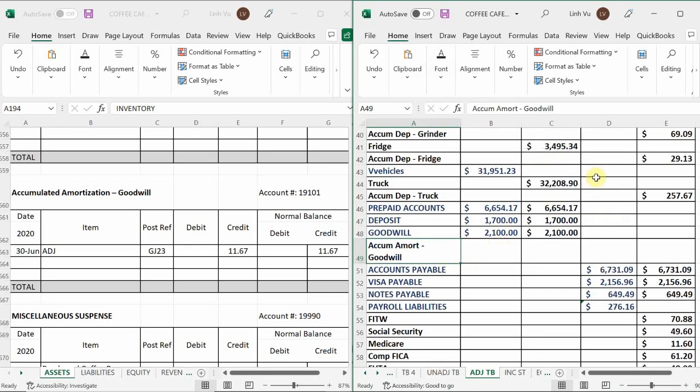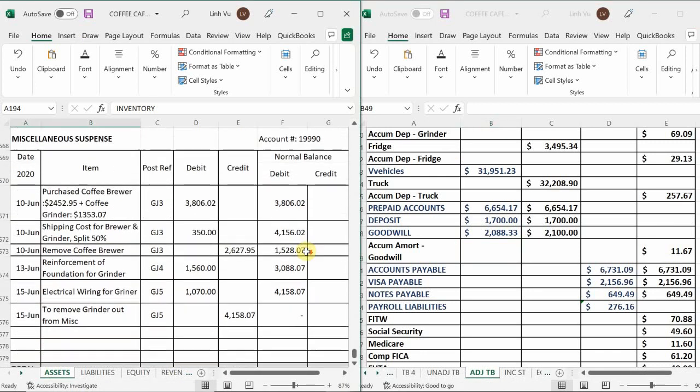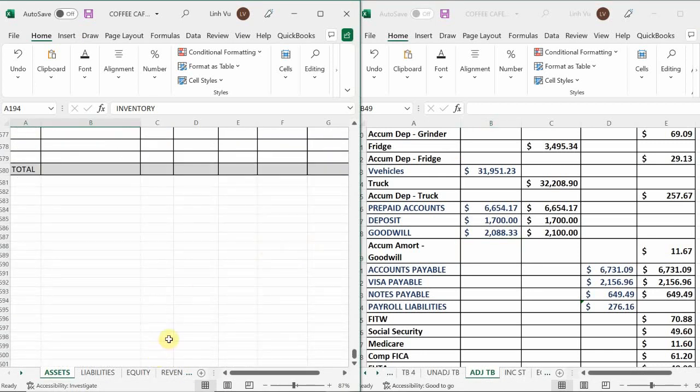This is going to decrease the goodwill by $11.67. So that means here my main account of goodwill should represent my goodwill minus the amortization, and that should give you $2,088.32. That is the book value of my goodwill. No miscellaneous expense account, so we can move on to your liabilities.